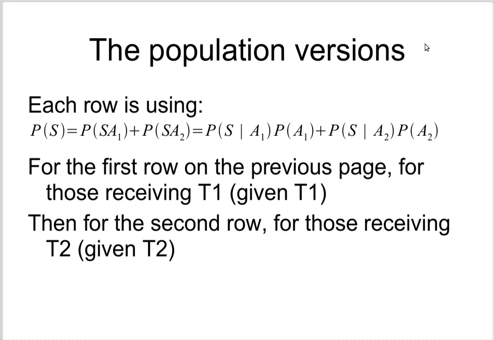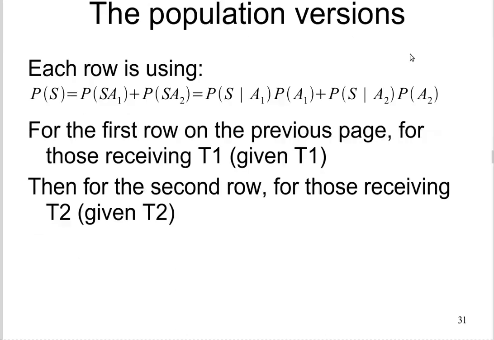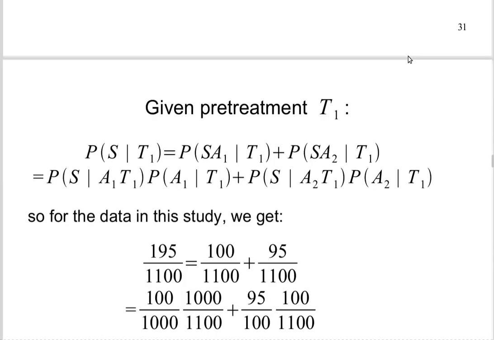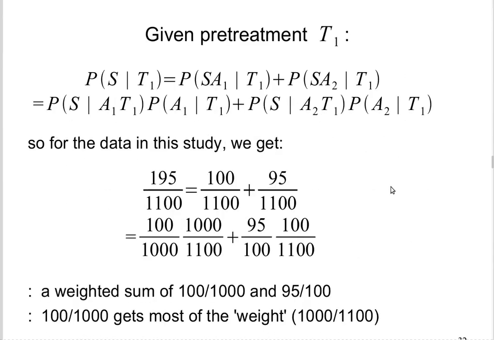But it's a little bit trickier than this, isn't it? Because in each row on the previous page, we're either conditioning on pretreatment 1 or we're conditioning on pretreatment 2. That's then a way of seeing how these numbers are established.